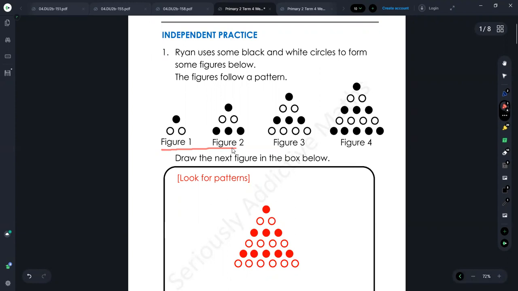Then you ask them to compare 2 to 3. What's the change? They should be able to see plus 4 white circles. What about 3 to 4? Plus 5 black circles.